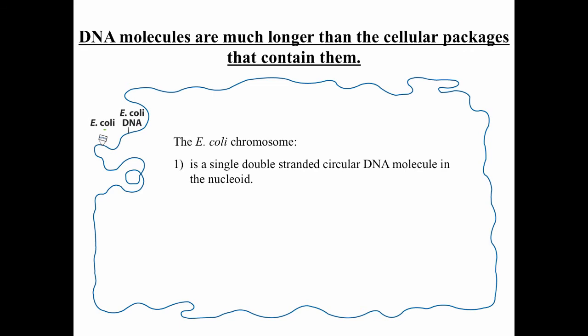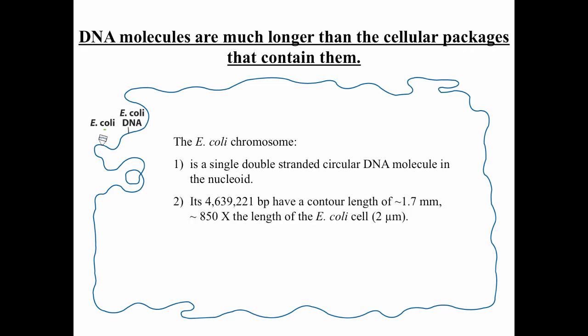Remember, the nucleoid region is the region of E. coli that's dense with DNA, or enriched with DNA. It contains about 4.6 million base pairs that, if you were to stretch it out, has a length of 1.7 millimeters, and that's about 850 times the diameter of an actual E. coli cell, which is 2 microns.